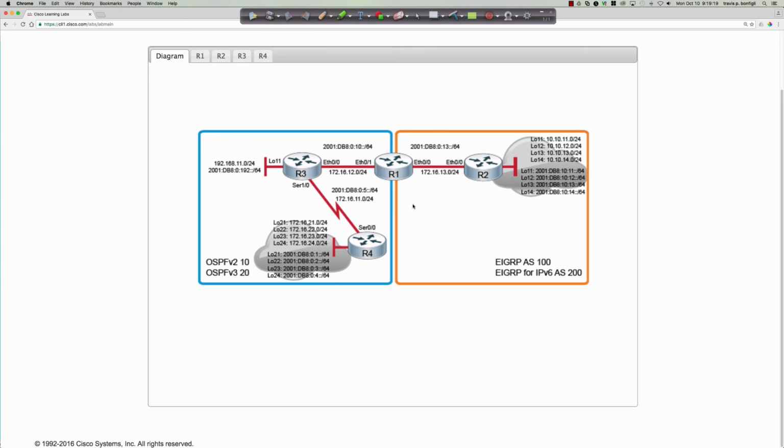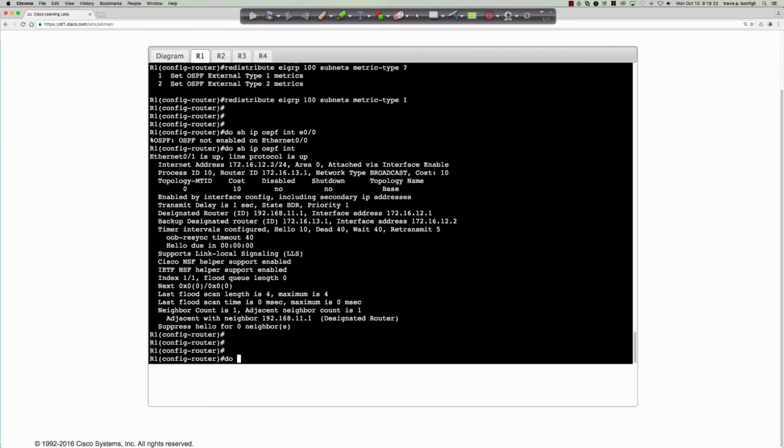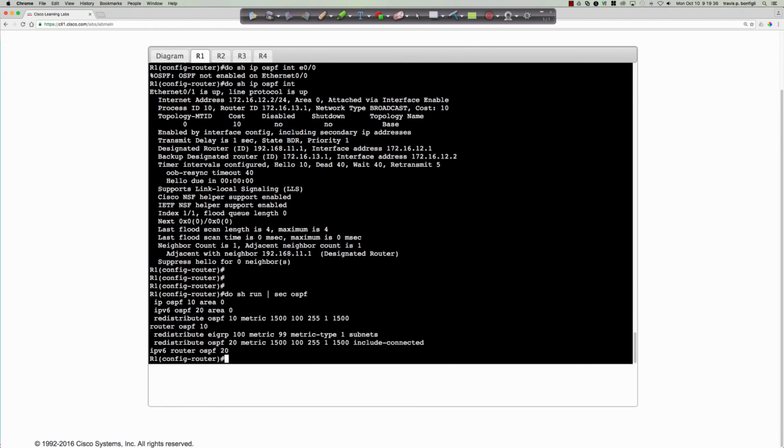So anyway, what we're seeing is the aggregate cost of all of the links. Now, the little bug, I shouldn't say a bug, but the behavior that I was talking about: do show run section OSPF. Let's take a look at the section here.